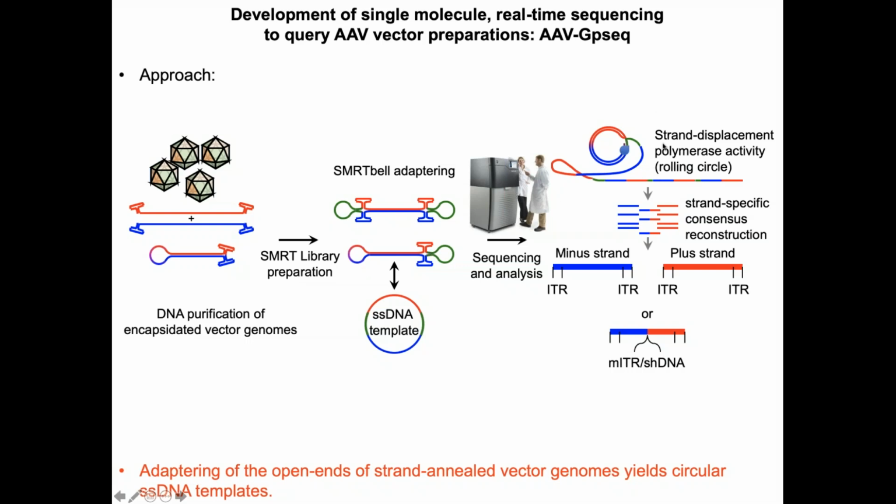These can, of course, as Andy had stated earlier, undergo rolling circle amplification to yield reads that can then be subjected to strand-specific consensus reconstruction to then obtain minus and plus strand reads, or contiguous plus and minus strand reads that originate from self-complementary vectors that are sealed on one end.